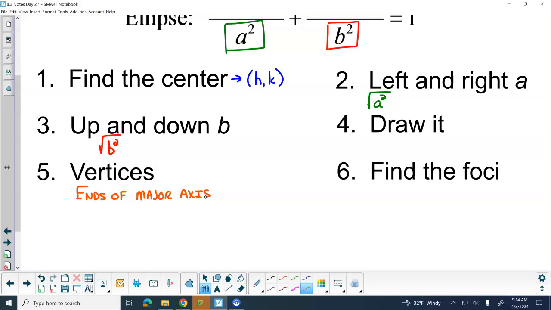Okay? And then lastly, we need to find the foci. And the equation for the foci, C is the distance from the center to the foci. It's C squared is the absolute value of A squared minus B squared.